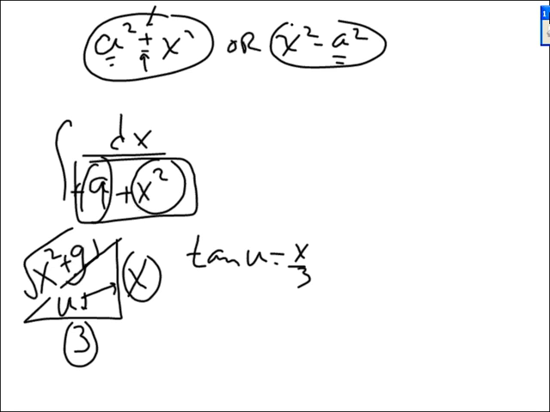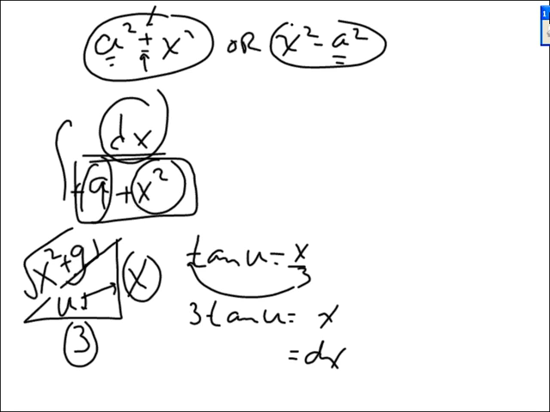Okay, so this, bringing this 3 up here, this says that 3 tangent u equals x. Just x. So, taking the differential of both sides, I can get dx. That is why I solve for x, by bringing the 3 up. The right side is just dx, and that is just what I have.